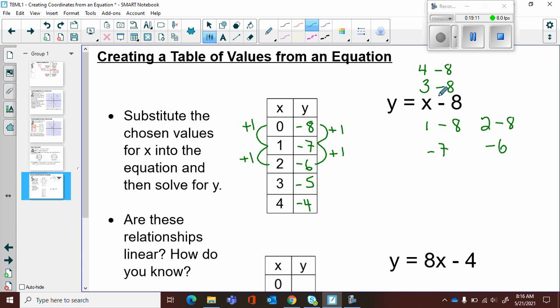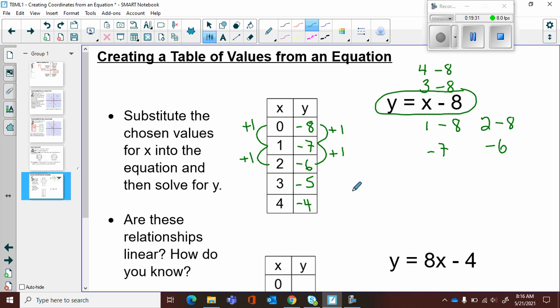Now that we've taken that equation, chosen some random values for x, substituted them into the equation, and solved for y, we now have 5 ordered pairs that we could graph. We could put these on a graph and see what this looks like.